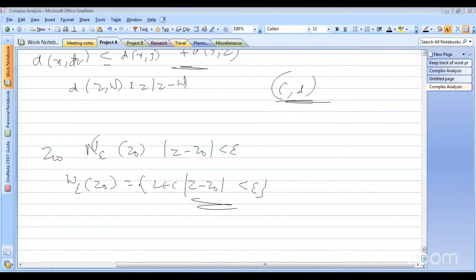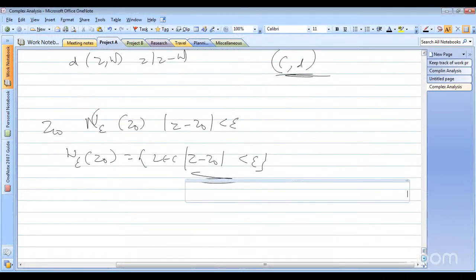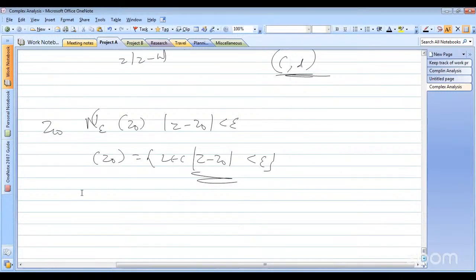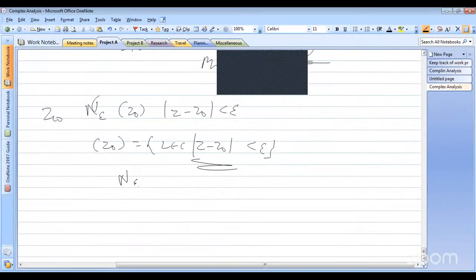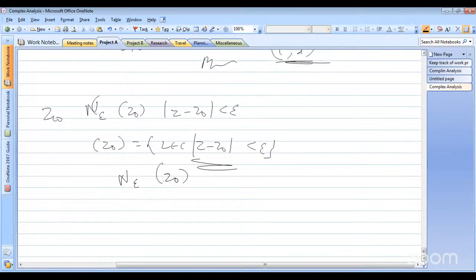So z belongs to C, |z − z0| < epsilon. Geometrically, the neighborhood N(epsilon, z0) we are taking here is just the disk with the center z0, missing the center point.